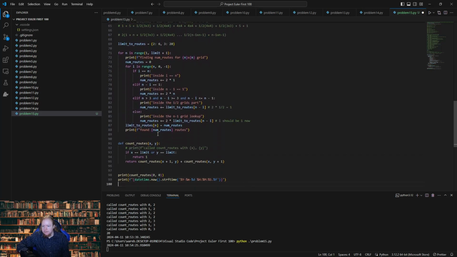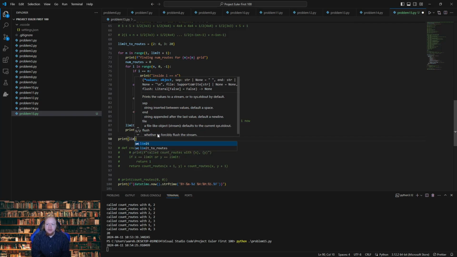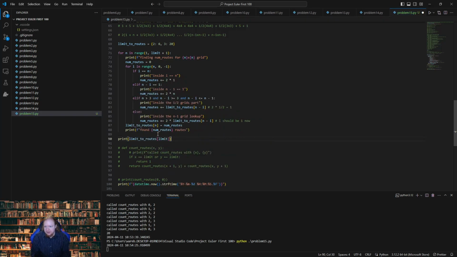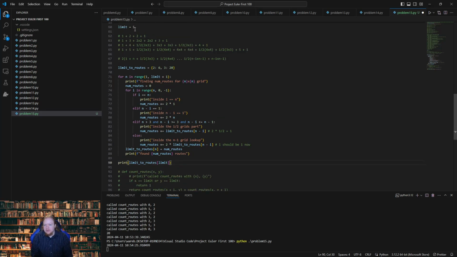I'm going to go ahead and comment out this part. It did not seem to work the way that I wanted. And then we're just going to print limit to roots of limit, see how well that works for us. So again, I've set our limit to 5.